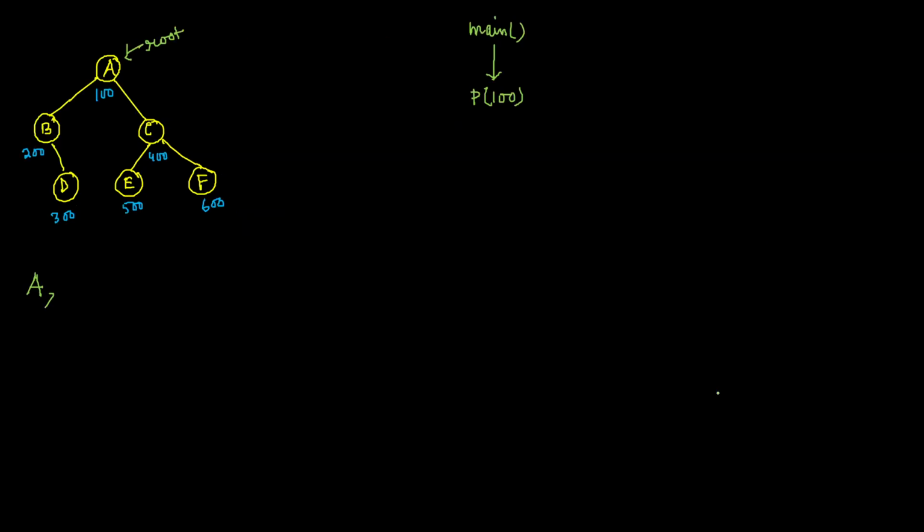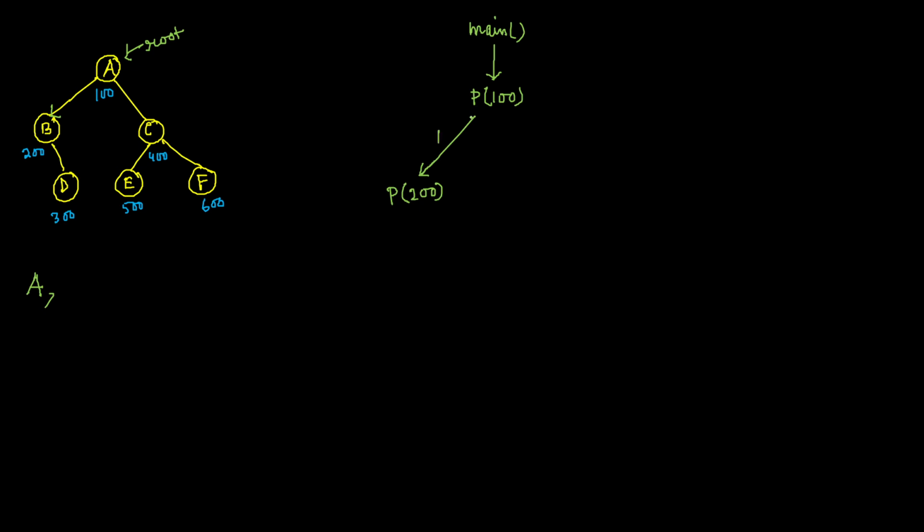With respect to this diagram, root left must contain 200 so that it can point to this node. So this one will call another preorder function whose address is now 200. So this is number one.